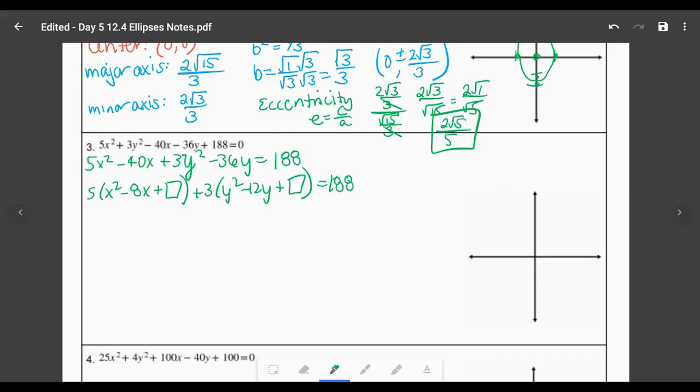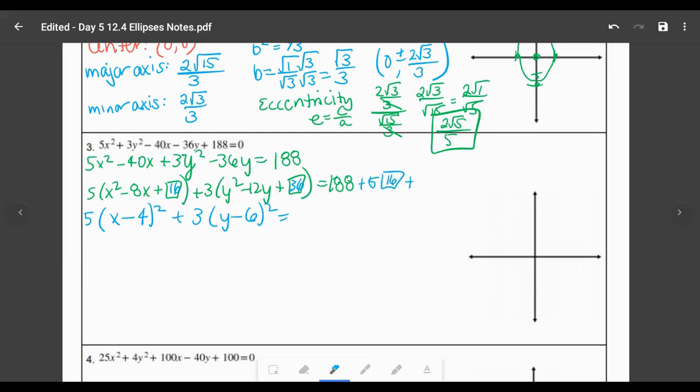All right, so now I need to figure out what I am adding. What's half of negative 8, squared? That's going to give me 16. And half of negative 12 is negative 6, so 6 squared is 36. All right, so I need to just factor this trinomial, and I get 5 times x minus 4 squared plus 3 times y minus 6 squared equals, now remember we have to add, if we added 16, it's really 5 times 16.